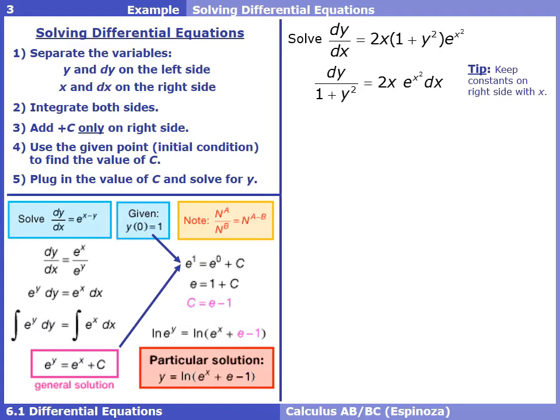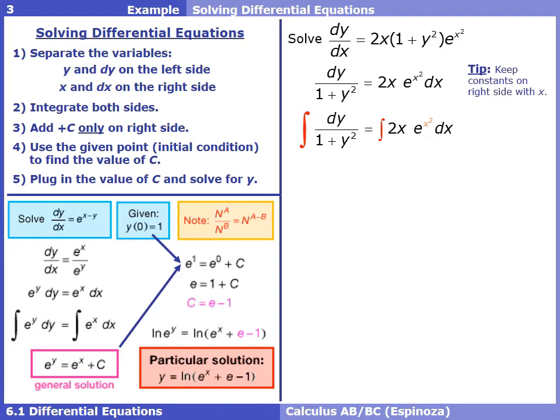It's just a tip, you don't have to, but it usually makes things easier. We could have moved that 2 or divided that 2 to the other side, but it would have made this a little bit more complicated, and in some regards, if you weren't sure what to do, maybe a lot more complicated. Okay, now that we have the variables separated, we have a separable differential equation, we can integrate both sides.